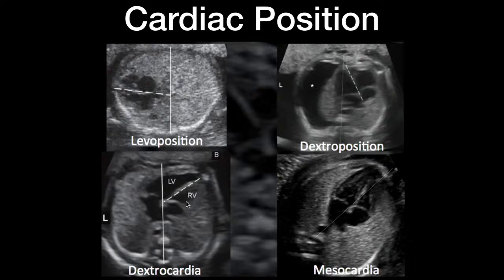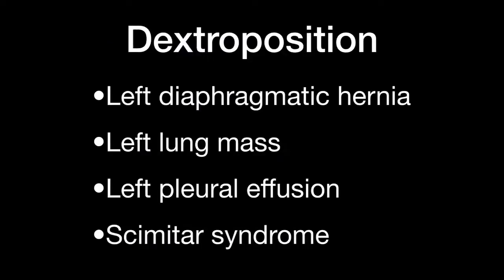The apex here points to the right side, and mesocardia is when the apex of the heart points to the middle of the chest. So remember, even though the four chambers are normal and the size of the heart is normal, this is an abnormal four-chamber view, and you need to investigate further. So you need to meet all these criteria before you make a determination that the four-chamber view is normal.